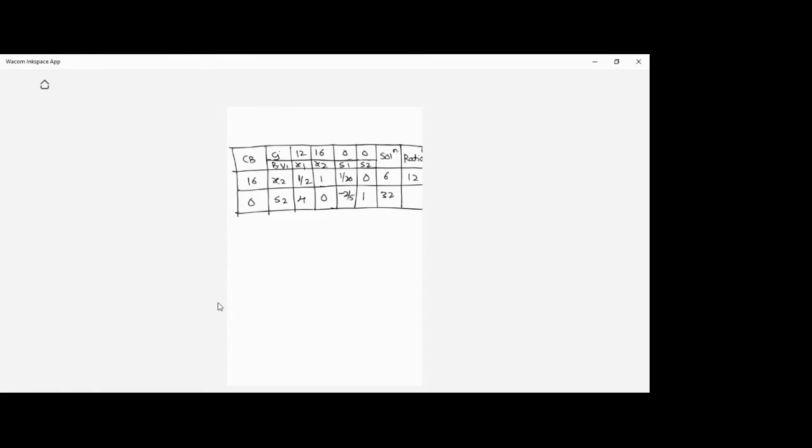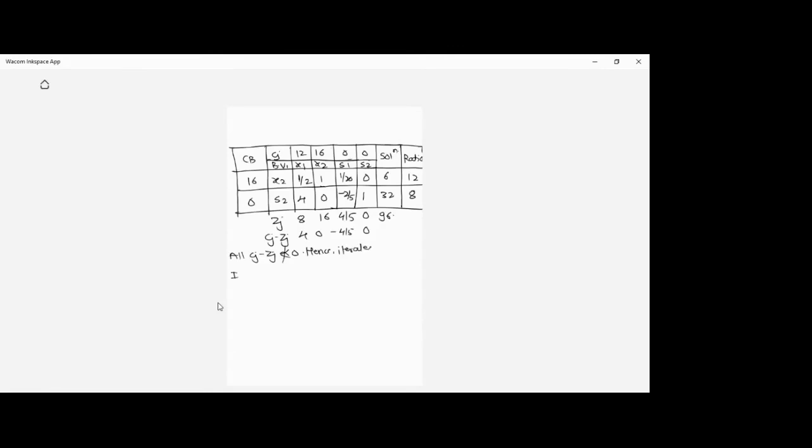We have found out the ratios as well, 12 and 8. So it was Zj, Cj minus Zj: 8, 16, 4 by 5. Here it was 0, and here it was 96. So 4, 0, minus 4 by 5 and 0. All Cj minus Zj values are not less than or equal to 0. Hence iterate.